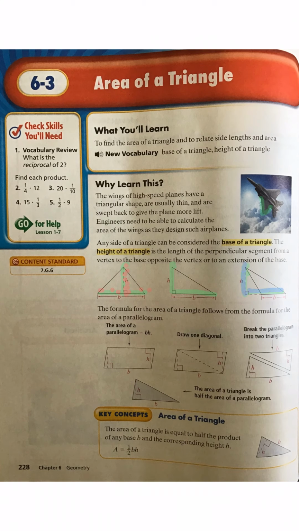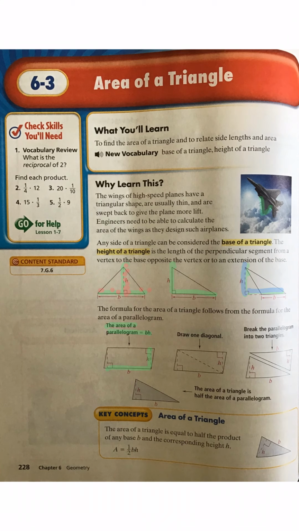This is the base. The formula for a triangle follows from the formula of a parallelogram. So in our last lesson, we learned how to find the area of a parallelogram. The area of a parallelogram is the base times the height.